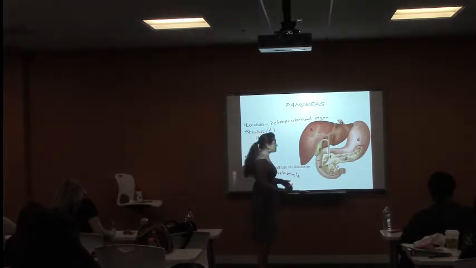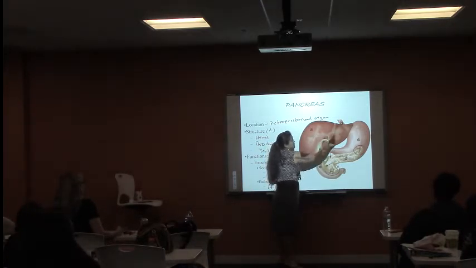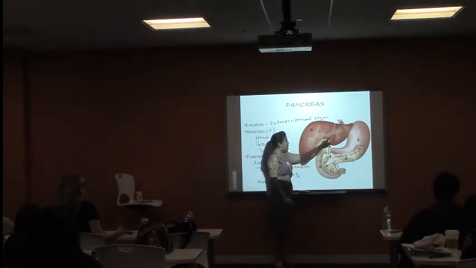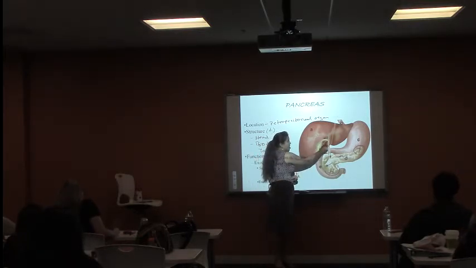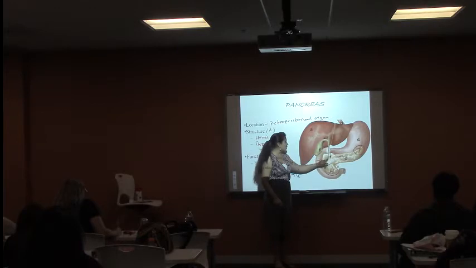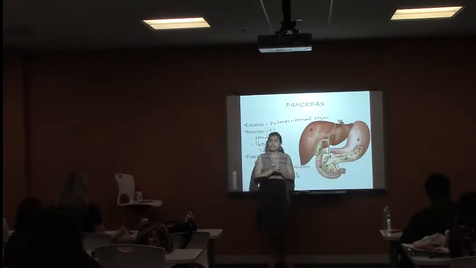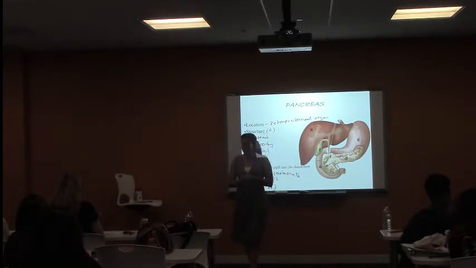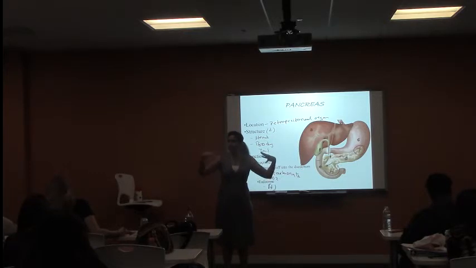So the right and left hepatic ducts come together, forming the common hepatic duct. The common hepatic duct unites with the cystic duct, forming the common bile duct. And then the bile duct pierces the duodenum, and this is how the substance goes in. So a lot of ducts are piercing the duodenum because it collects stuff from everywhere, and that stuff is needed for the digestion process.